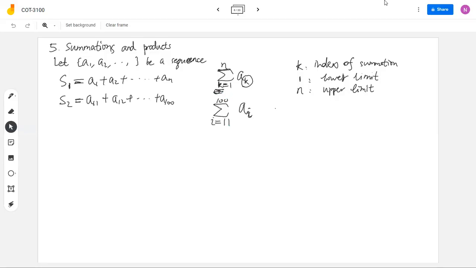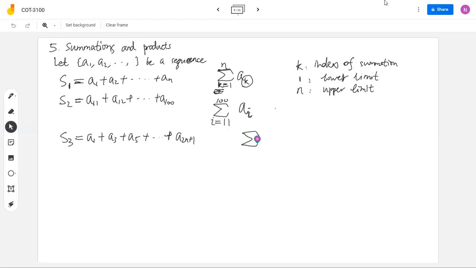And for the next example, maybe I want to compute S3 equals A1 plus A3 plus A5, all the way to A2N plus 1. How are we going to express such a summation?